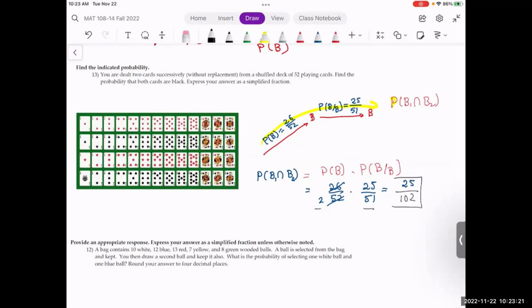I don't think you can simplify this. So that should be your last answer, right?